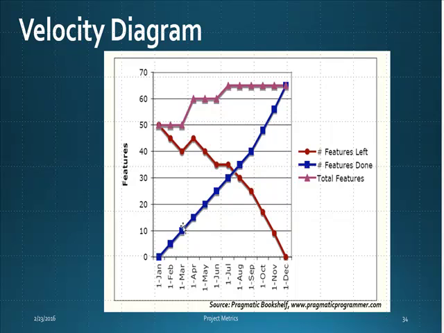The red color shows the number of features left. Hypothetically, by the end of the project lifecycle, you are supposed to complete all the project features, which means you should have zero features left, right? And the pink color shows the total number of features.